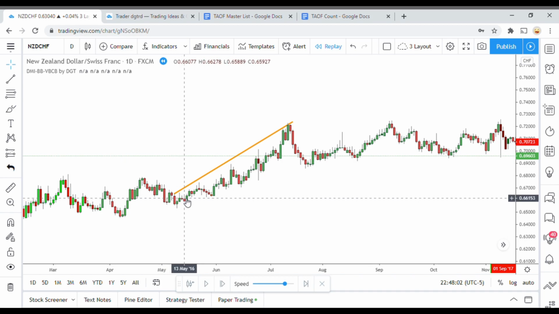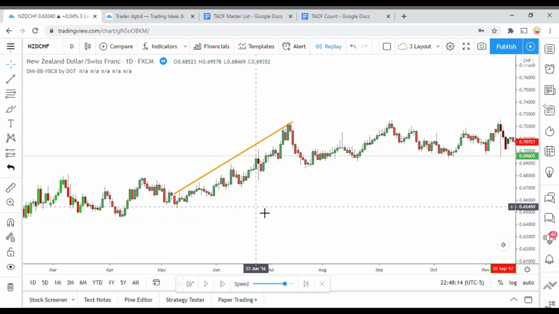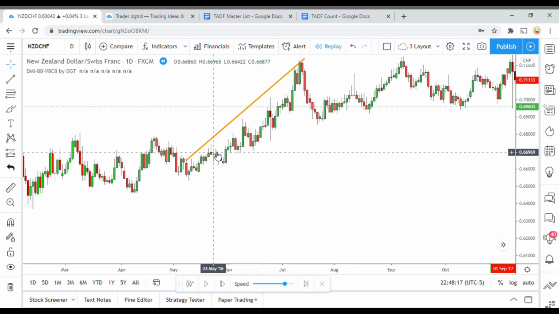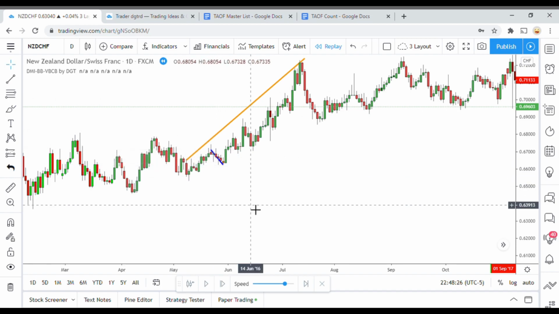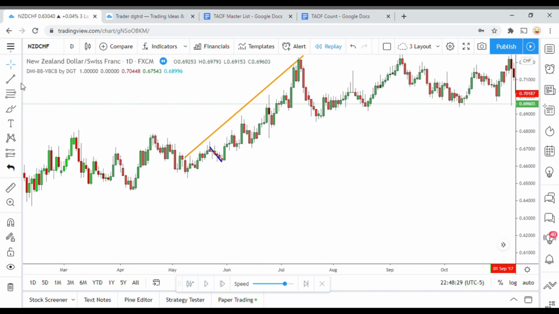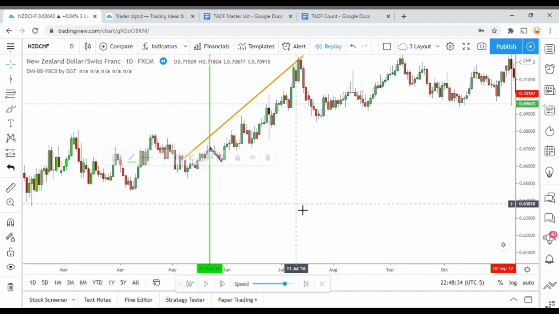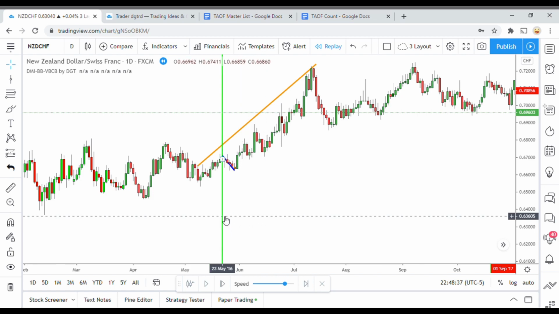And you can see here that by the time you get a really clear confirmation that this is an uptrend starting to take place, you get this strong pullback right here. If you were to enter the trade on this pullback candle right there, it is very likely that you would have gotten stopped out.